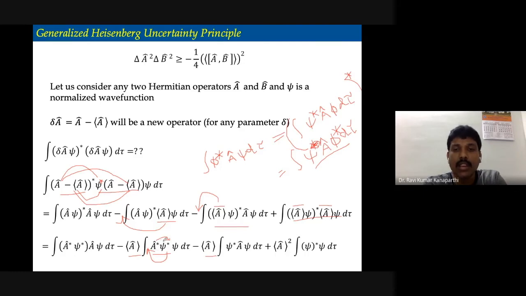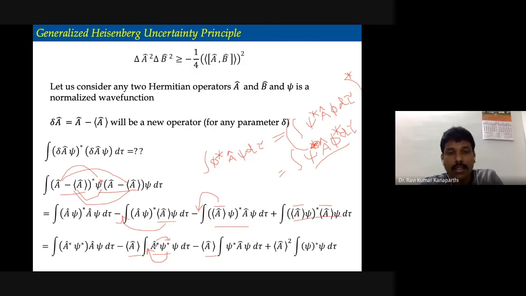Here it is slightly different: this wave function, which is complex conjugate, we are moving to the left-hand side of the operator at the expense of removing the complex conjugate notation, right?